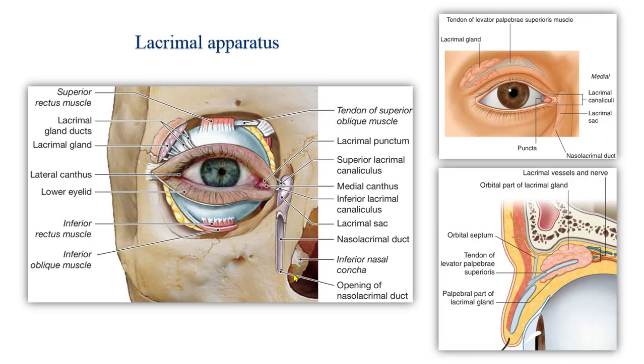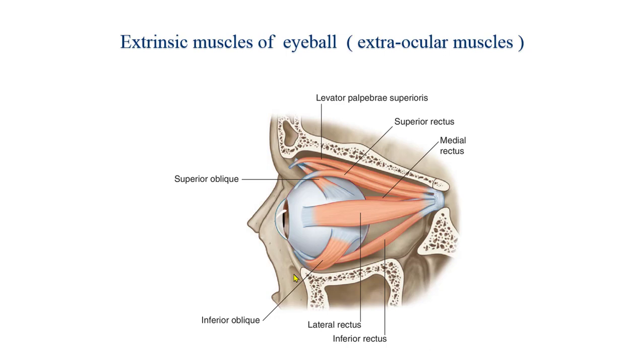Okay, that's it. And now I'm going to be talking about the muscles of the orbit. There are 7 extraocular muscles of the eye: the levator palpebrae superioris, the superior, inferior, medial and lateral recti muscles, and the superior and inferior oblique muscles.